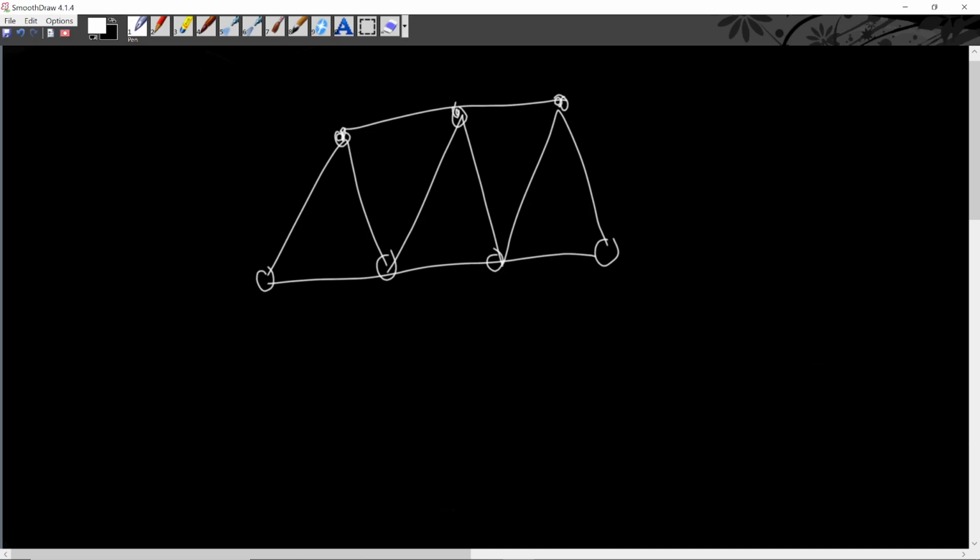The way that the forces either compress or lead away, or tension, the way that the forces act on one specific node acts on the rest of the nodes in any truss. And so you can calculate what type of force is being applied, so compression or tension, and you can see that based on what kind of thing is happening.